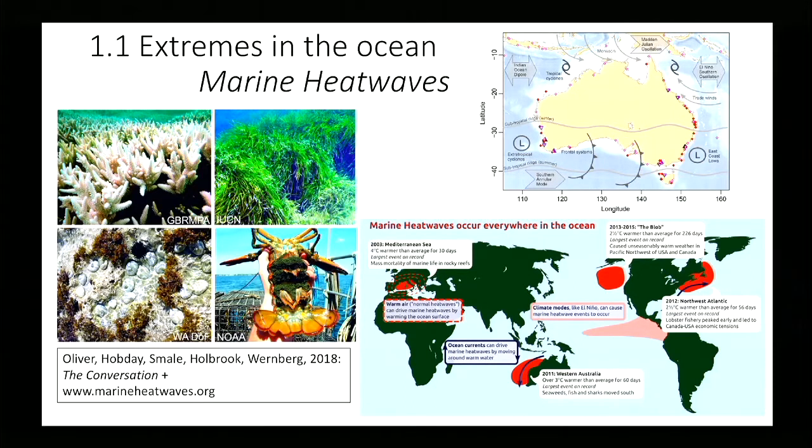In particular, it was strongly coined in a marine heat wave that happened off Western Australia in 2011, when the sea surface temperature was about 3 degrees or more warmer than average, and it had massive consequences on kelp habitats and fish species, tropicalisation of fish species, and I'll talk about that a bit later. We think about things like coral bleaching.